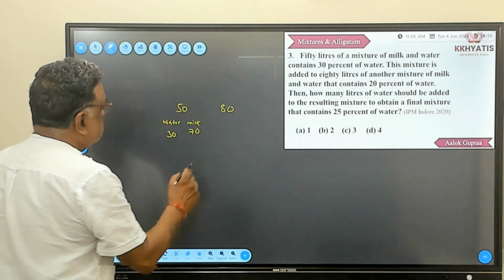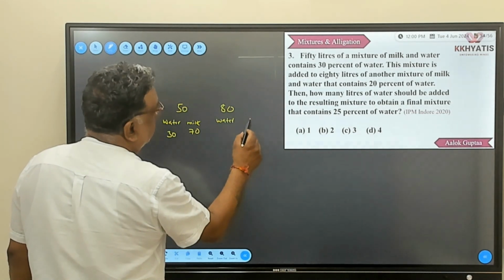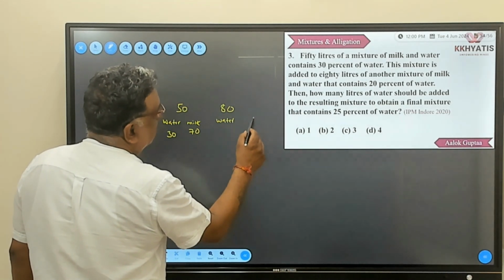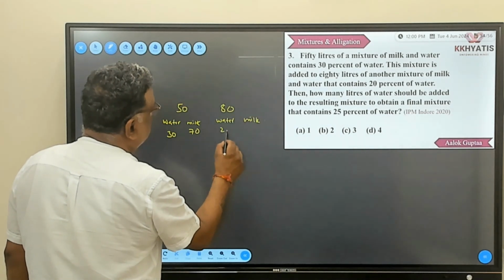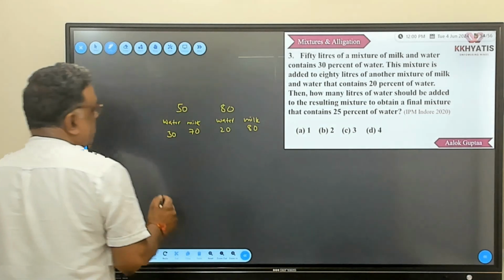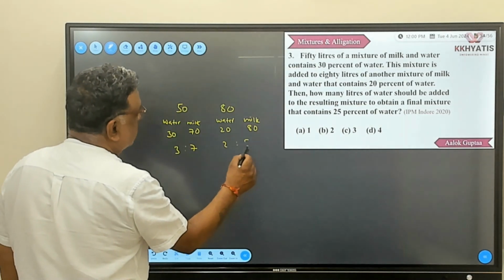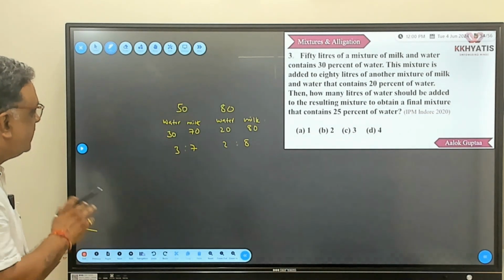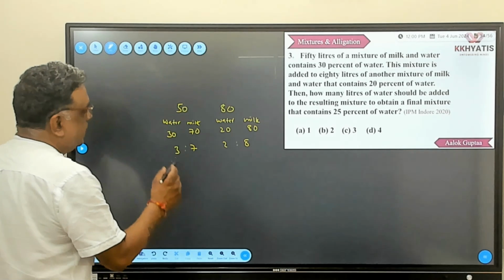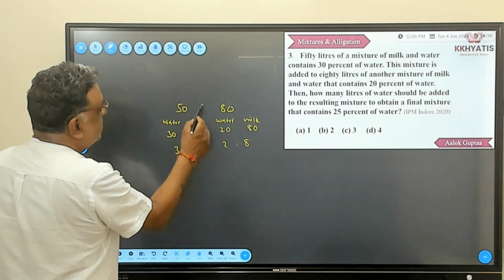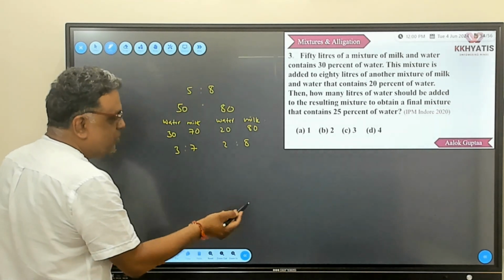And this contains water and milk, 20, and this is 80. Okay? So this is 3:7 ratio and this is 2:8 ratio, right? Because we divided the entire thing by 10. But they are added in proportion 5:8. So we'll mix them in proportion of 5:8.